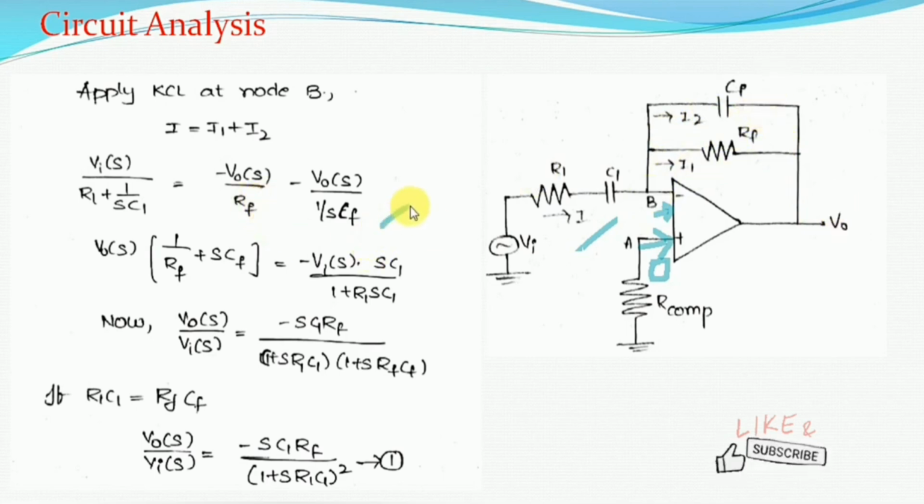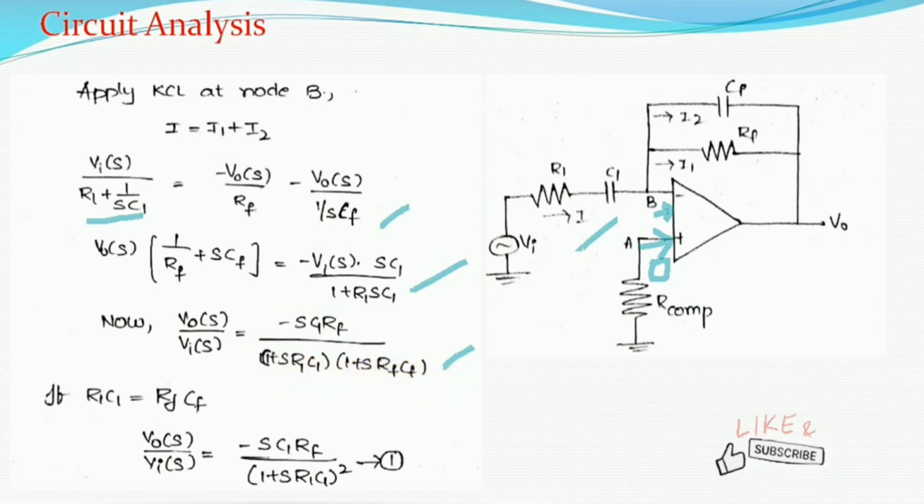If you take V naught of S common, it is 1 by RF plus S CF, which is equal to, taking the LCM, minus VI of S into S C1 by 1 plus R1 into S C1. Finally, if you simplify this equation, we obtain the transfer function for this op-amp circuit as minus S C1 RF by 1 plus S R1 C1 into 1 plus S RF CF.